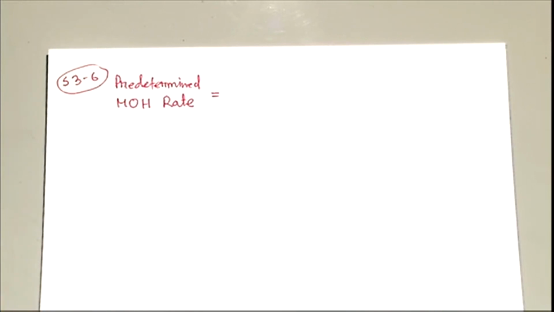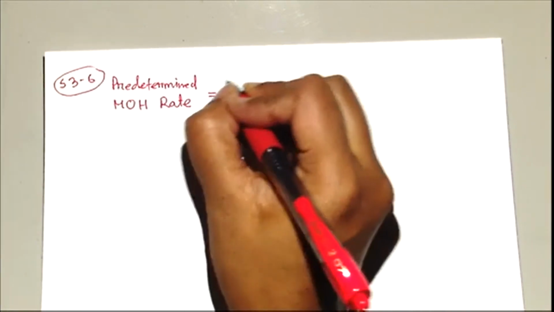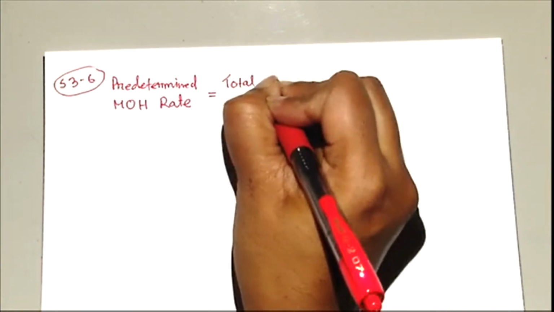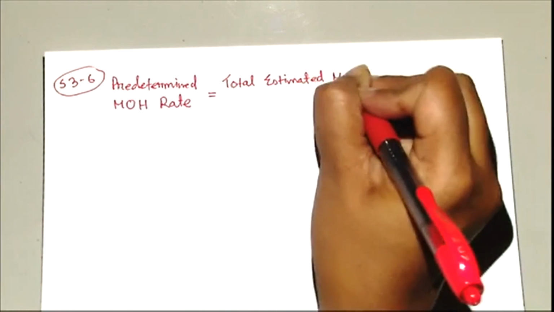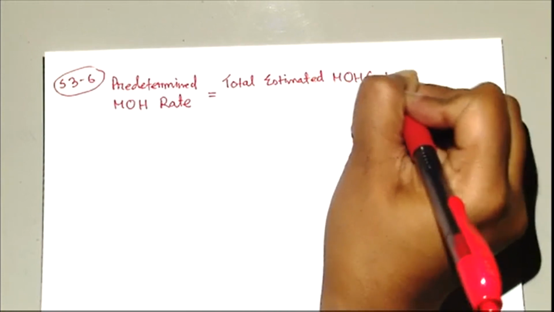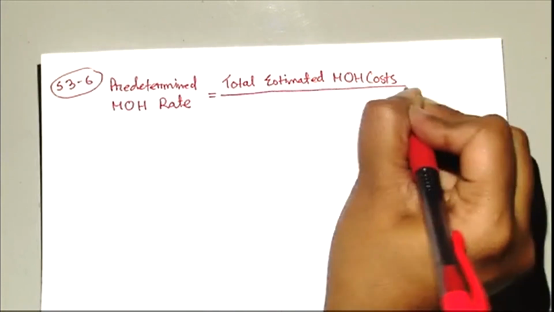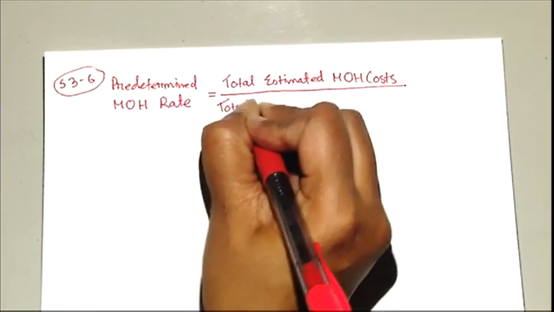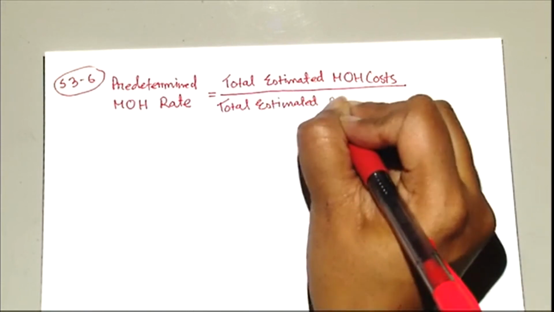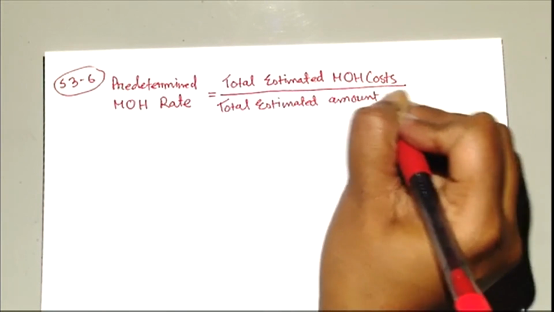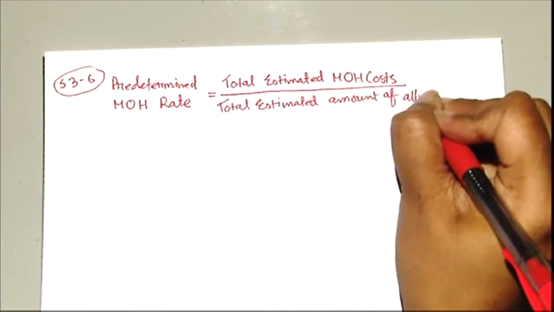You know the equation, but I'm still writing it one more time, and you all will write it, because if you write it a couple of times, you will never forget it. So it will be your total estimated manufacturing overhead cost divided by the total estimated amount of allocation base.